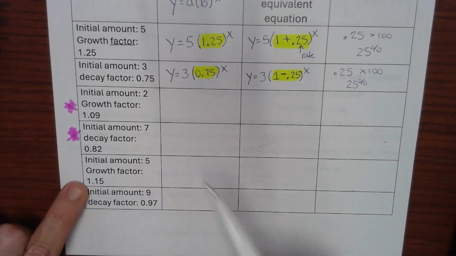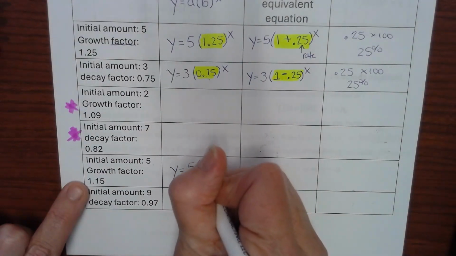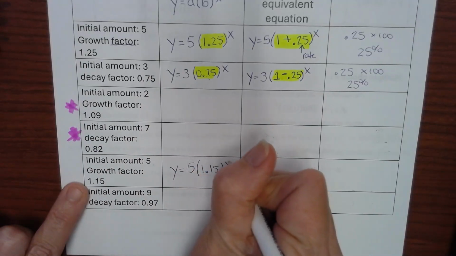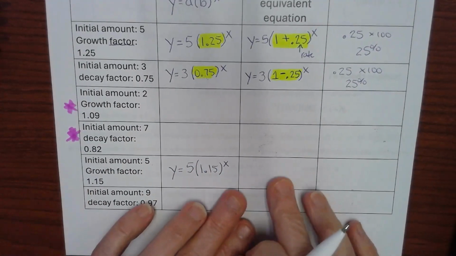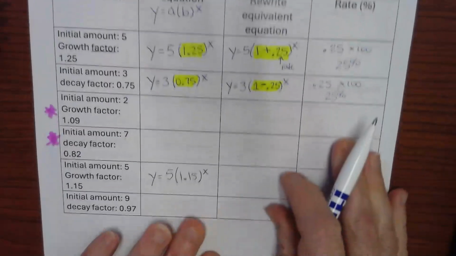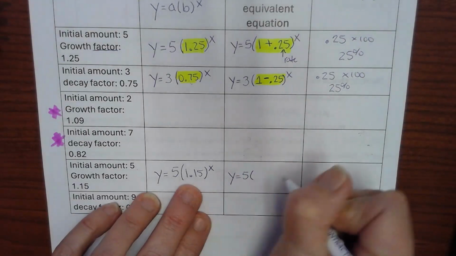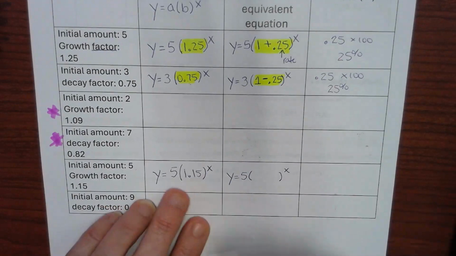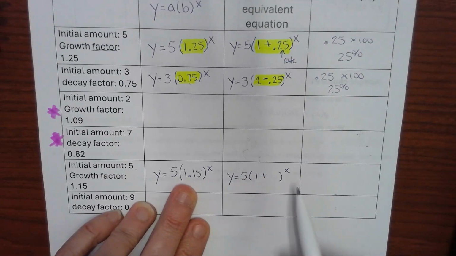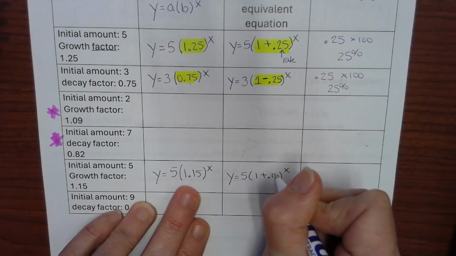So again, let's start here. We've got y equals, the initial amount is 5. The factor is 1.15 raised to the x, and I need to rewrite my expression as a 1 plus r or 1 minus r. So let's go ahead and write y equals 5. Okay, now since this is bigger than 1, it's 1 plus something, and it's 1 plus what? Well, it's 0.15 is the extra amount over 1.